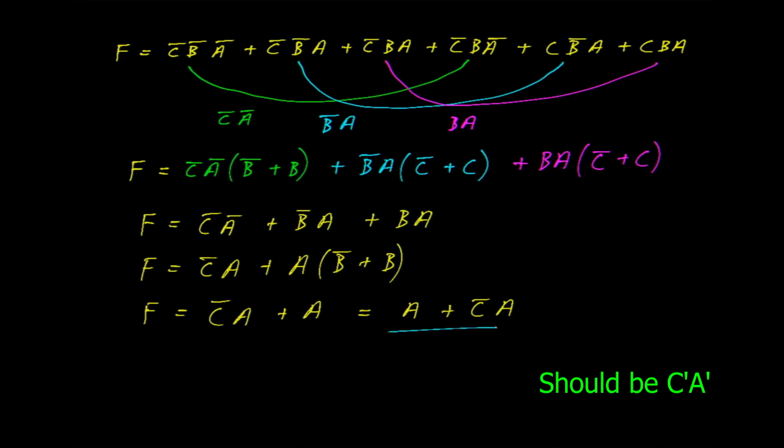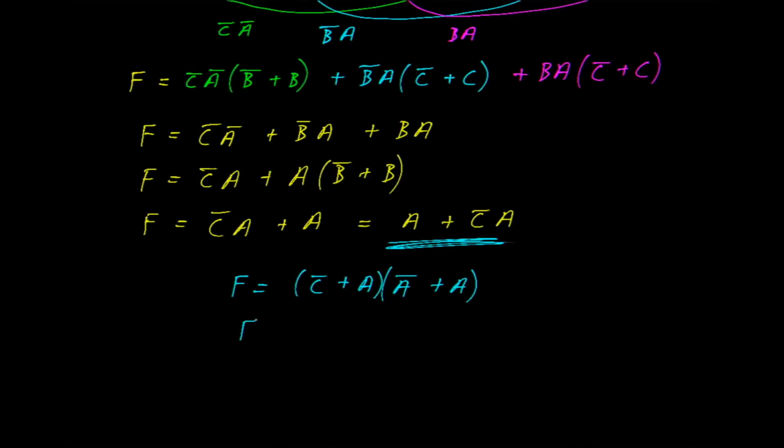At this point, we look back and we remember that tricky problem that the author described, where we can use the distributive property to solve this. So we would say that f is equal to C' or A ANDed with A' or A. So finally, we can just say that f is equal to C' or A.